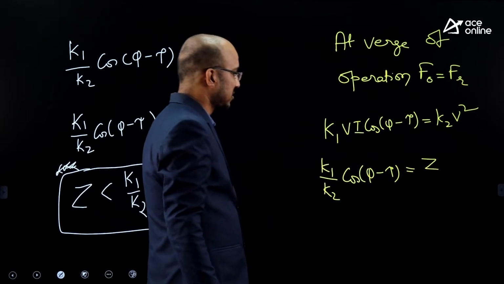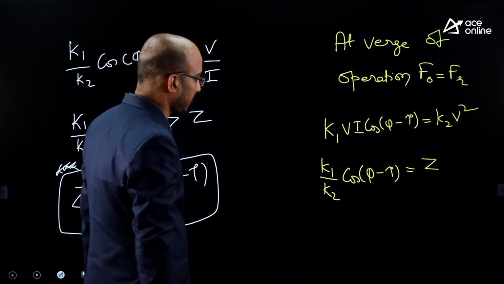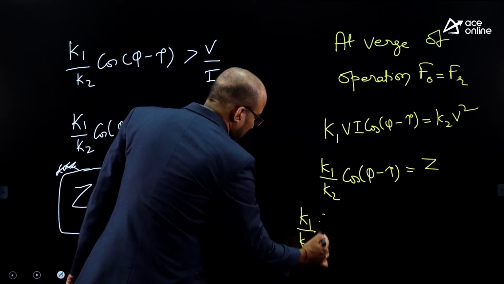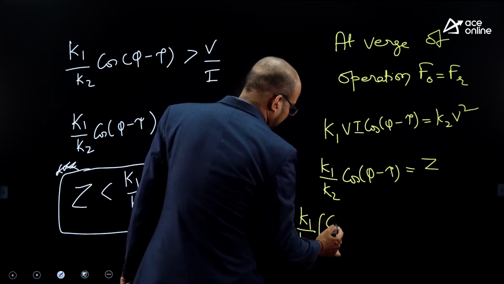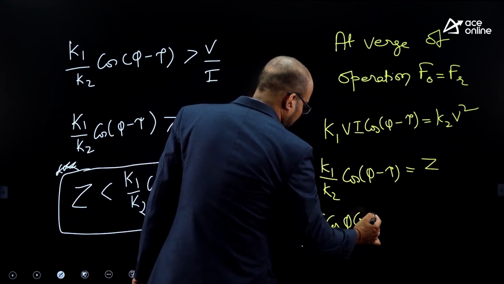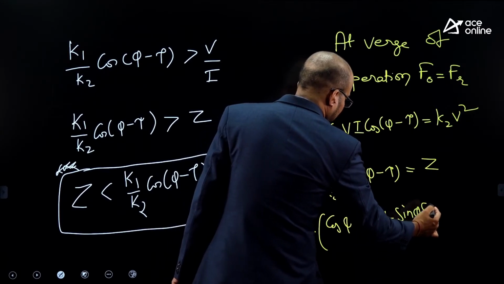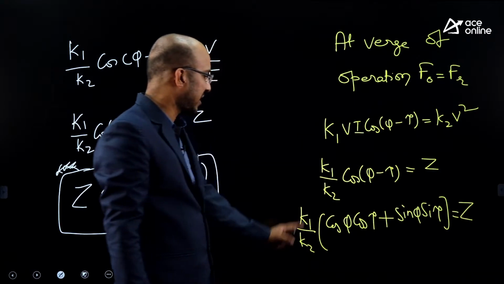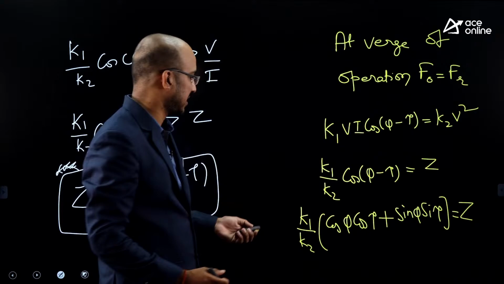Here, let us expand this cos of phi minus tau in the form of cos of A minus B. Then what you get here? K1 by K2 cos of phi minus tau is cos A cos B plus sin A sin B, that is cos phi cos tau plus sin phi sin tau, is equal to Z. Here, cos phi can be written as R by Z, sin phi can be written as X by Z. Okay.